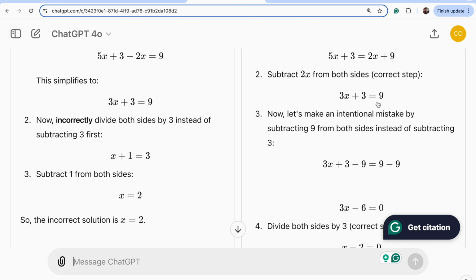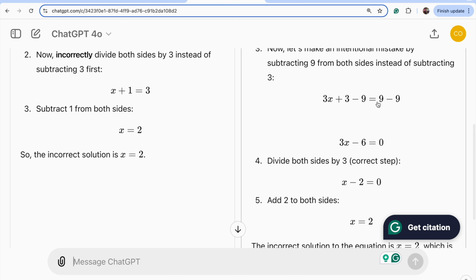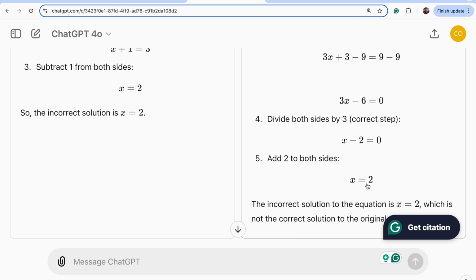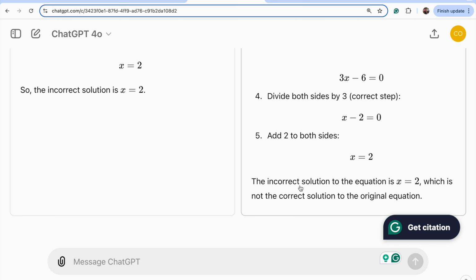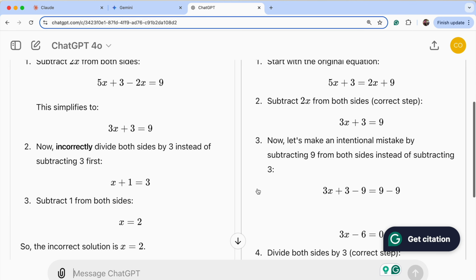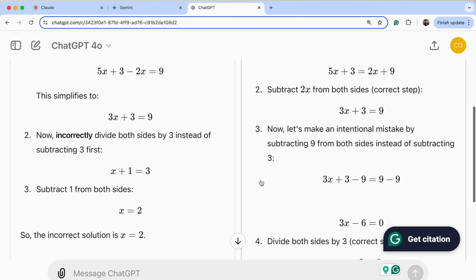Well, minus 9, this is a correct step, but okay, so it also reaches a correct answer. The incorrect solution to the equation is x is 2, which is not the incorrect solution, but as we see, both of these answers are correct, yet ChatGPT is saying they are incorrect.